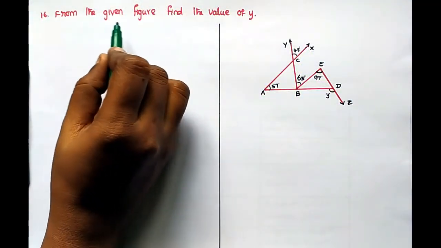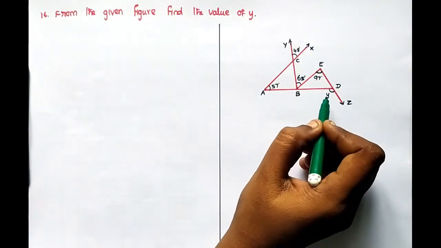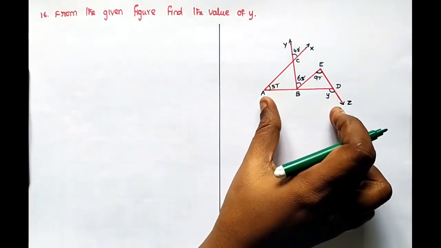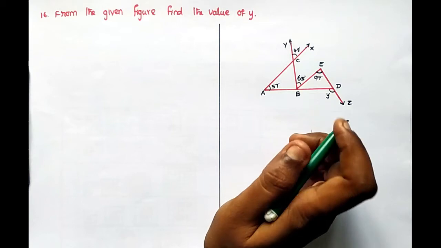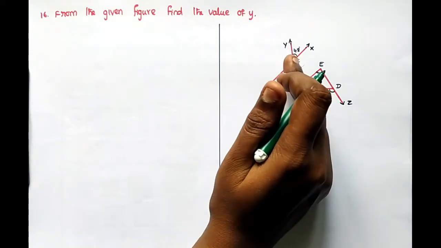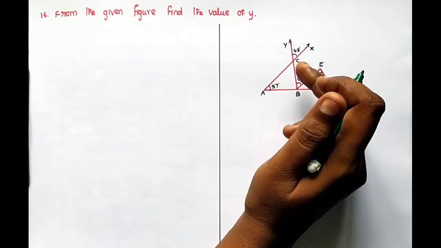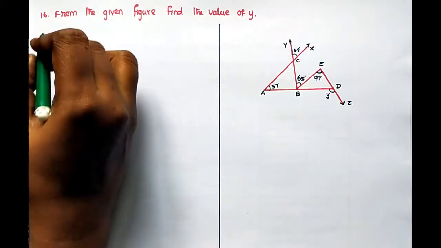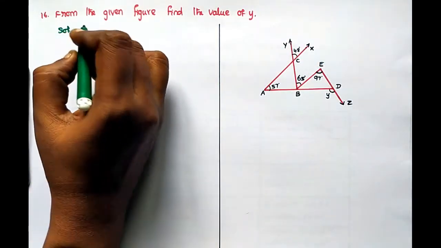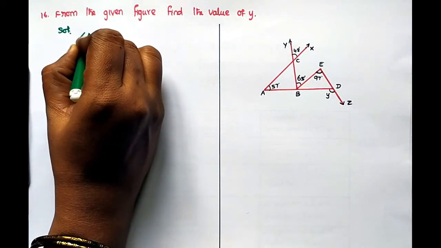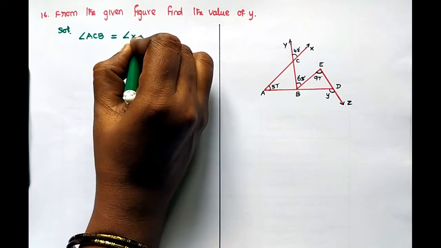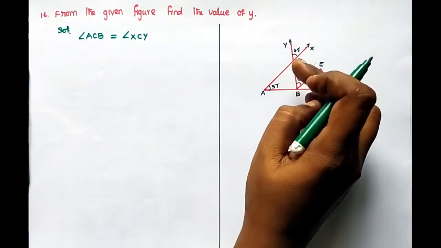16th sum. From the given figure, find the value of y here. Listen, y. Observe this figure. ACB equal to XCY. Angle ACB equal to angle XCY.